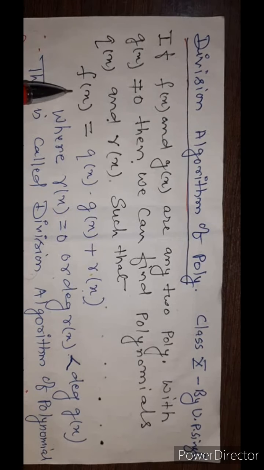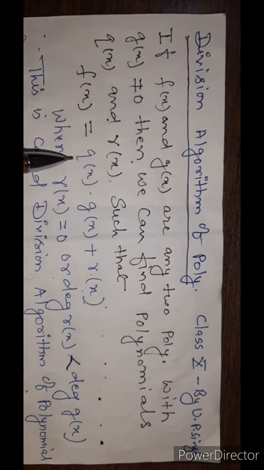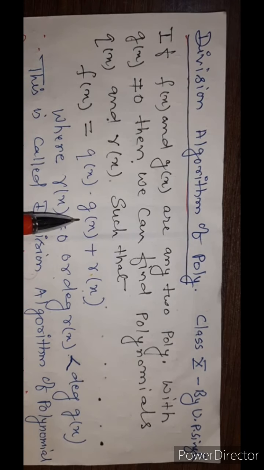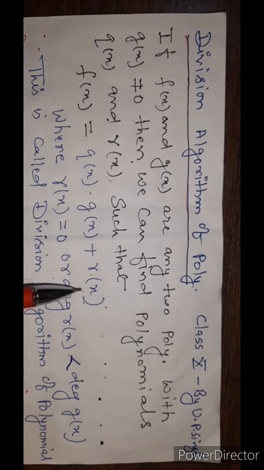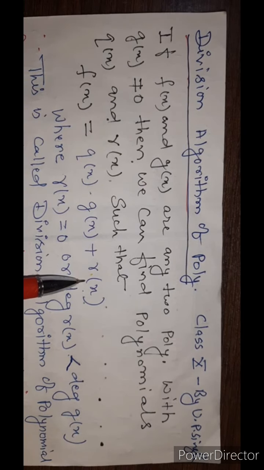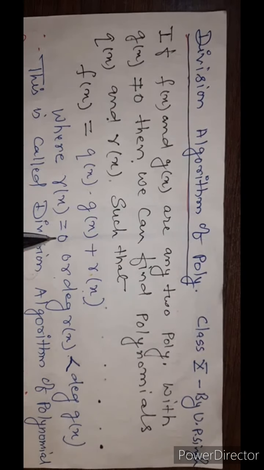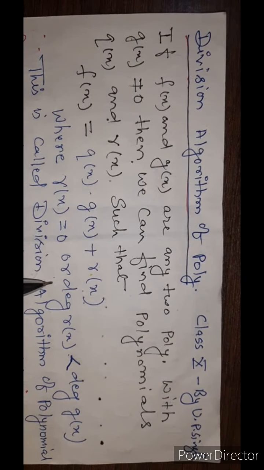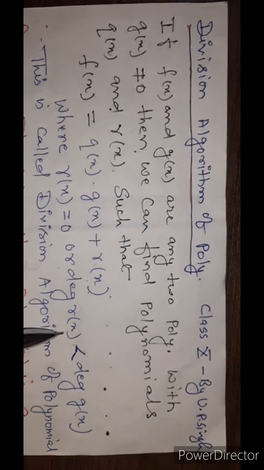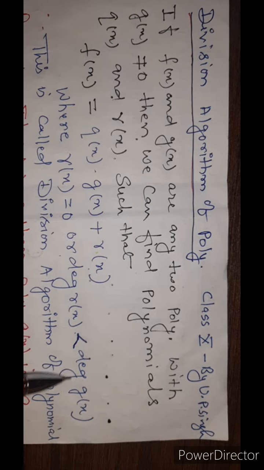Here f of x is the dividend, q of x is the quotient, g of x is the divisor, and r of x is the remainder, where r of x is equal to 0 or the degree of r of x is less than the degree of g of x.